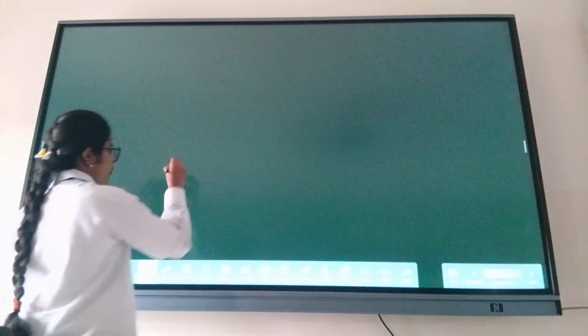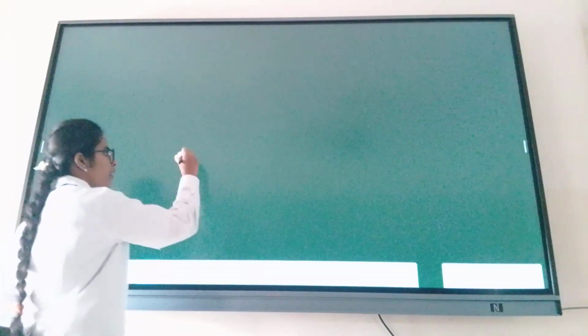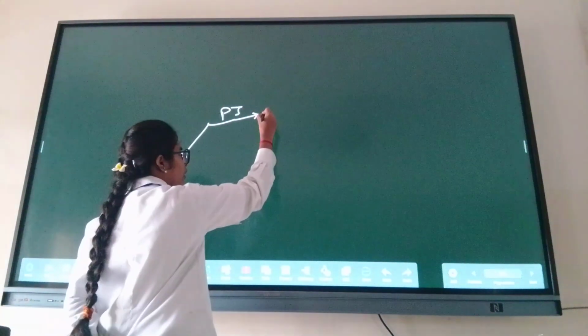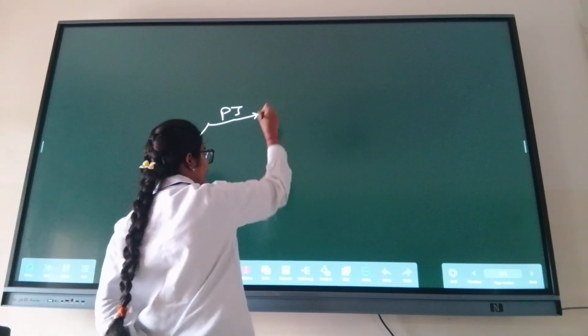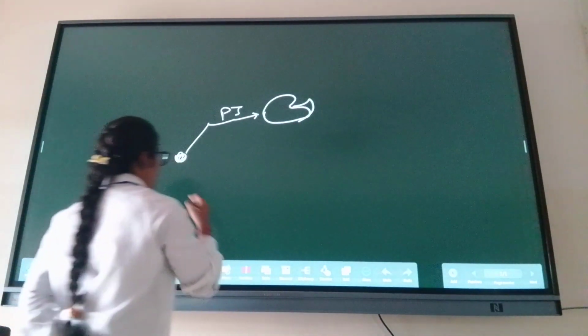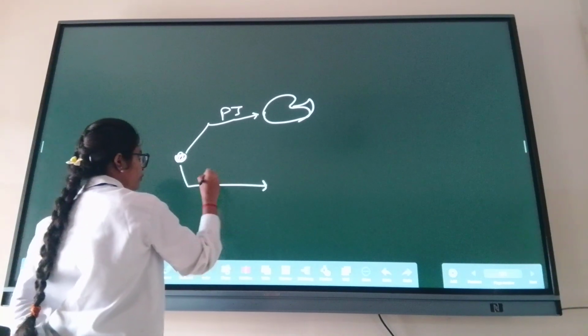Okay, now how will it work? Suppose this is our substrate. This is the diagram from Tripathi. Okay? It will go into phase 1, which converts the substrate into metabolite. This is the metabolite. It will go into phase 2.